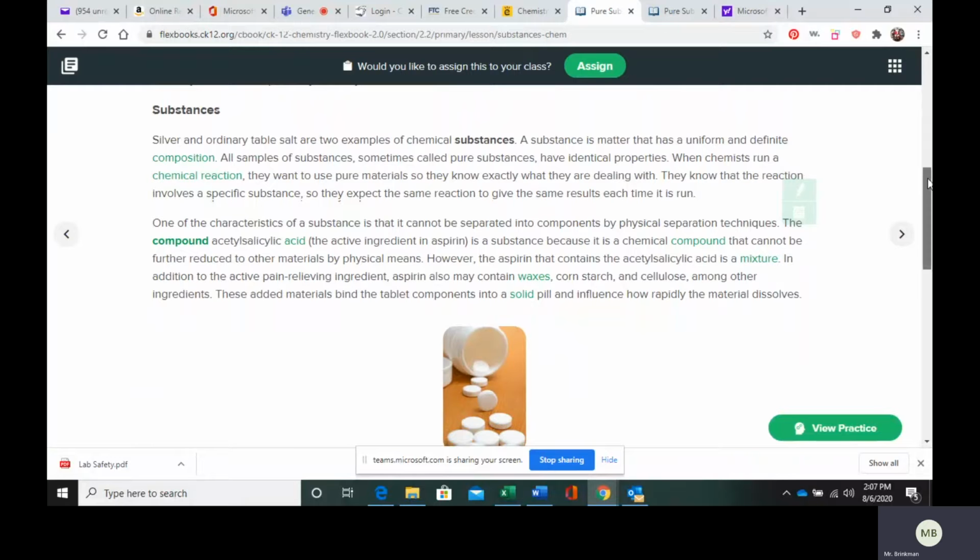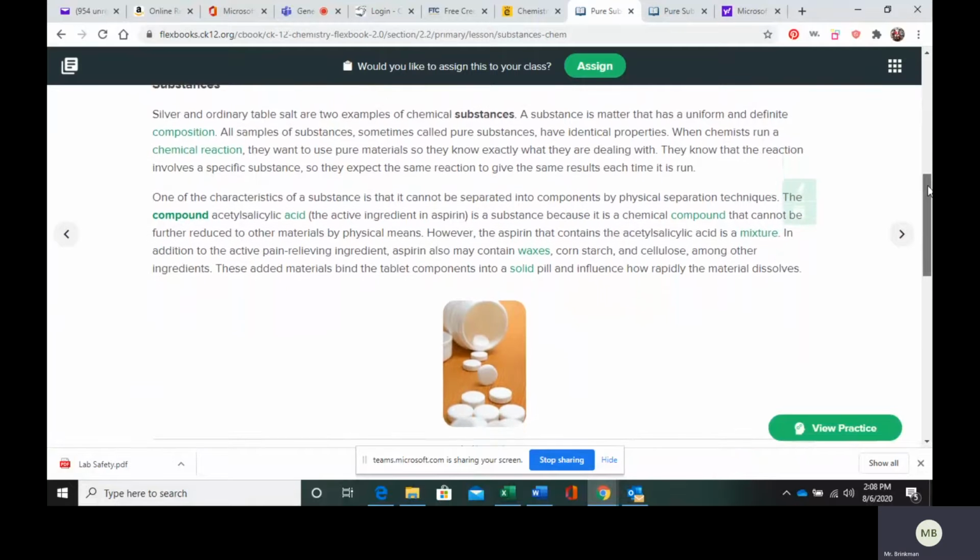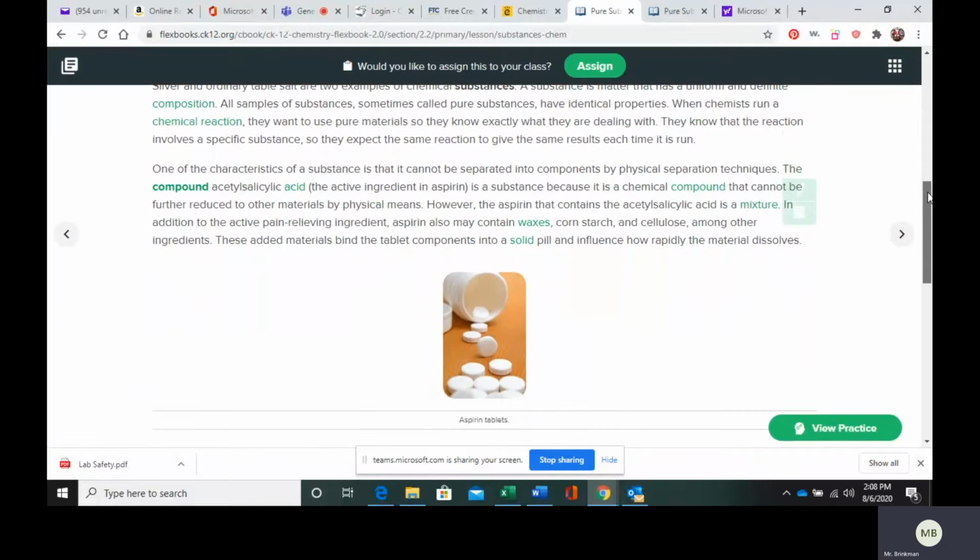So all samples of the same substance are going to have very similar properties. When chemists run a chemical reaction, they are going to want to use pure substances. This is why when they do experiments involving water, they need to use deionized water.